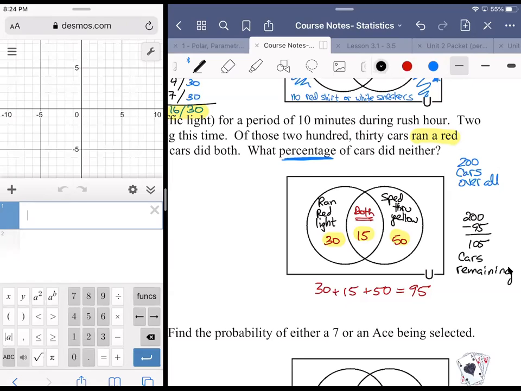So we're saying neither ran a red light nor sped through a yellow. That's going to account for this. So this is this category here. All of this information amounts to that 105.